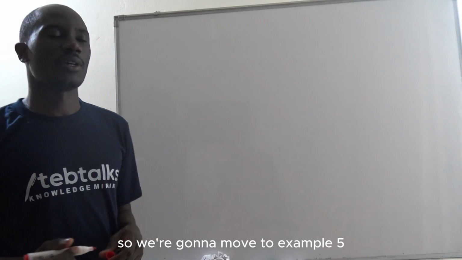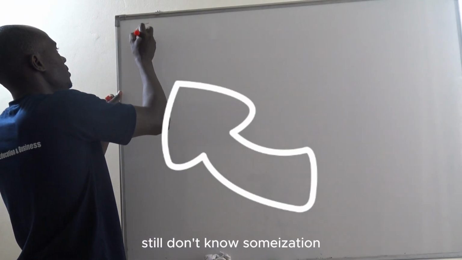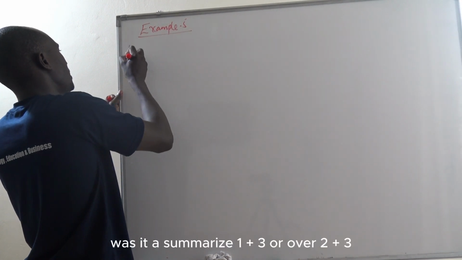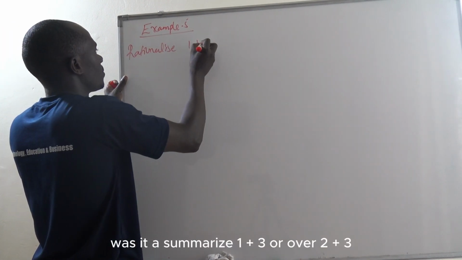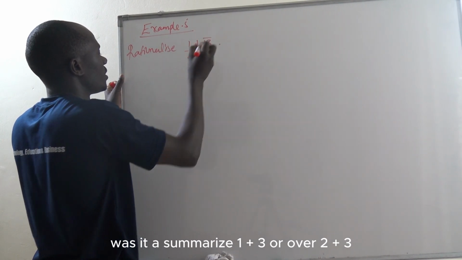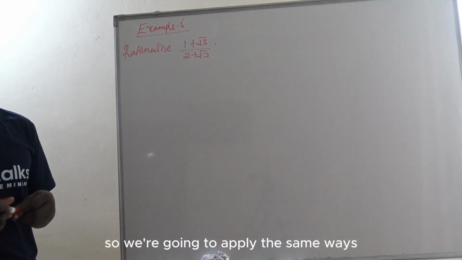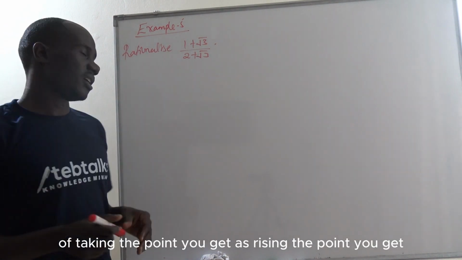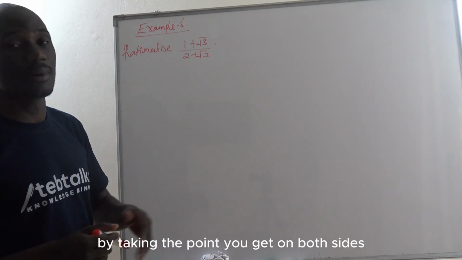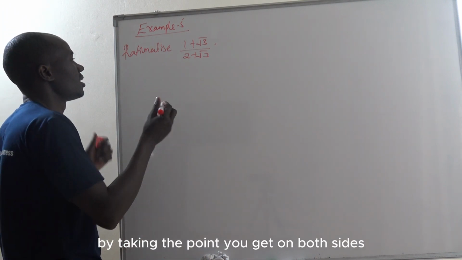So we can move to example 5, still on rationalization. Example 5 was rationalize 1 plus root 3 all over 2 plus root 3. So we are going to apply the same way of rationalizing the denominator by taking the conjugate on both sides.